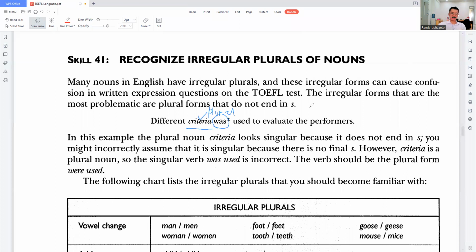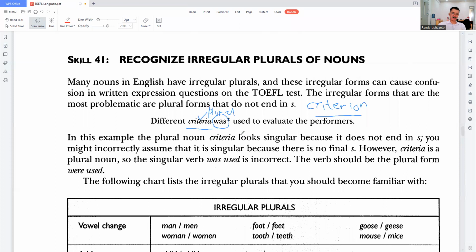But sometimes there are some nouns that change in form, and it has no pattern when they turn from singular to plural. And one of them is criteria. The singular form of criteria is criterion. This one is singular, and criteria is the plural form of criterion.